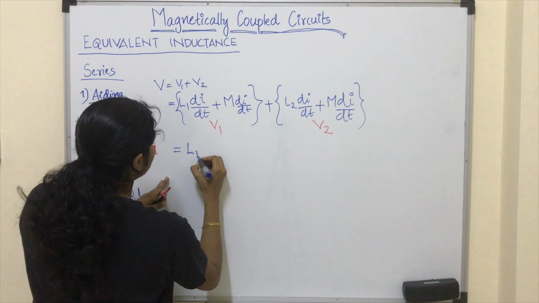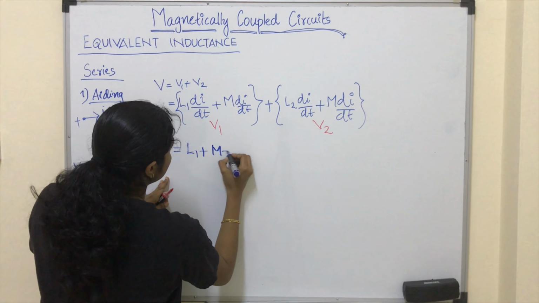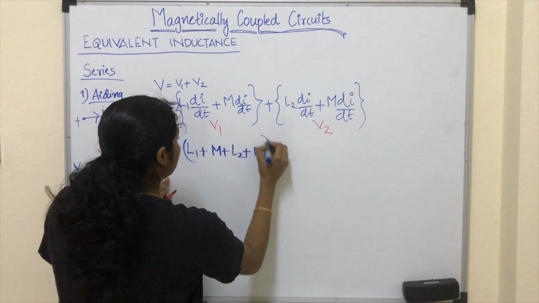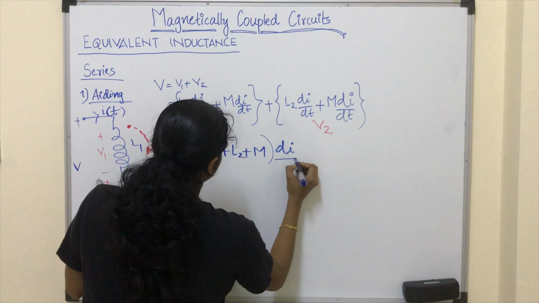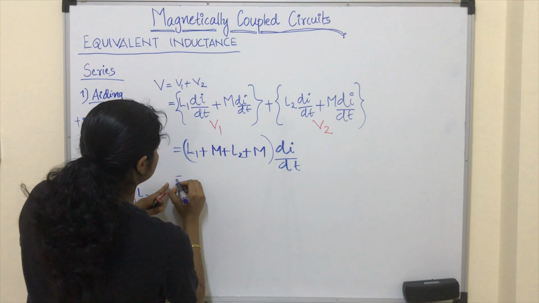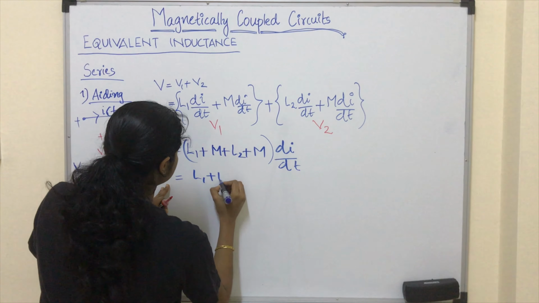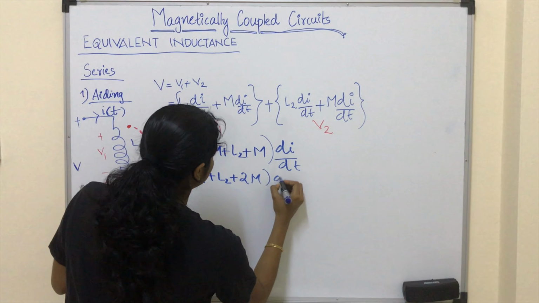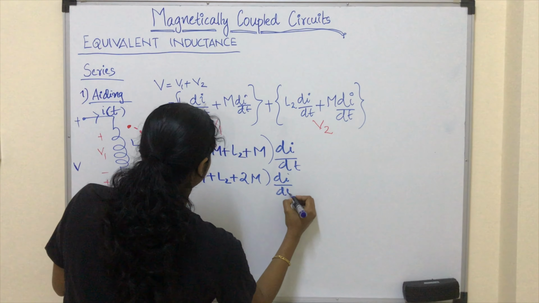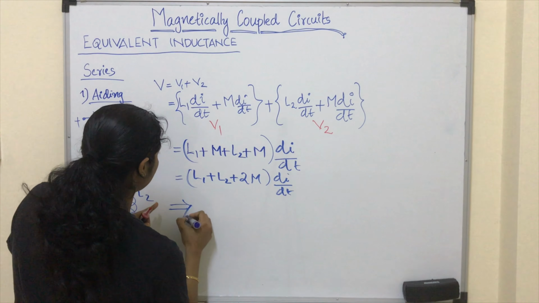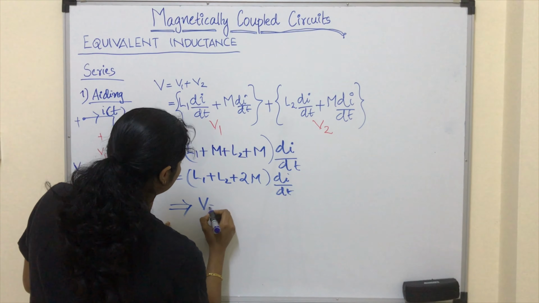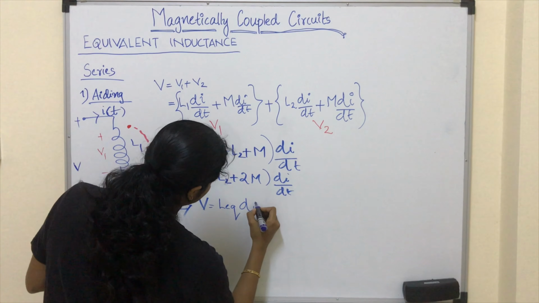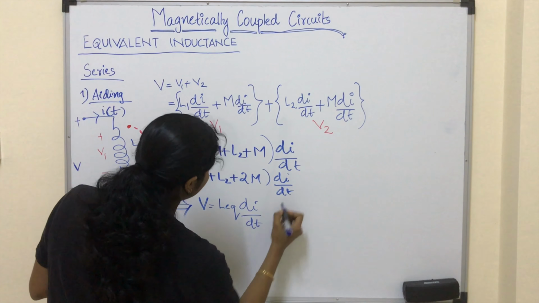So L1 plus M plus L2 plus M into di by dt, which is nothing but L1 plus L2 plus 2M into di by dt, which implies V equal to L equivalent into di by dt.